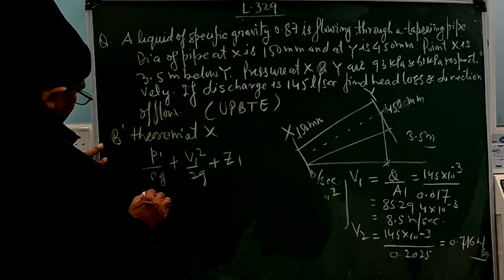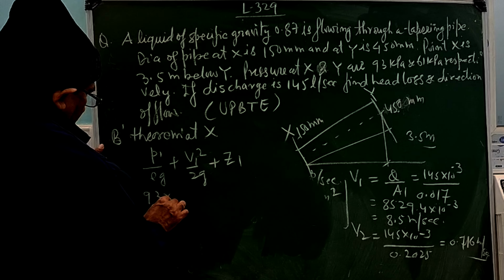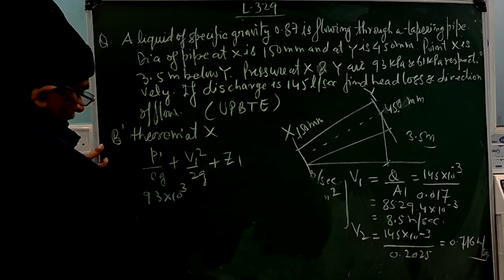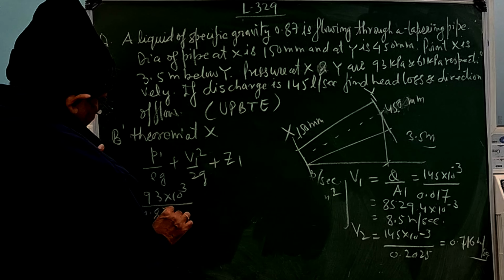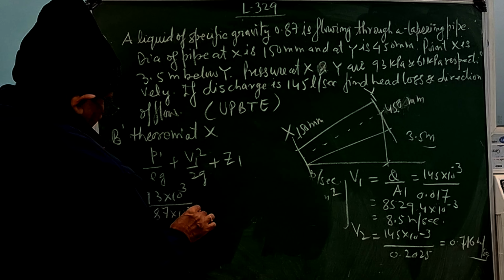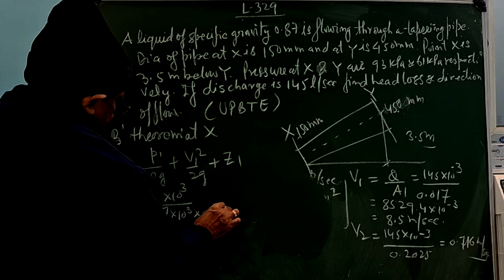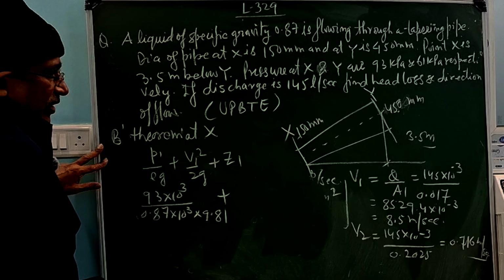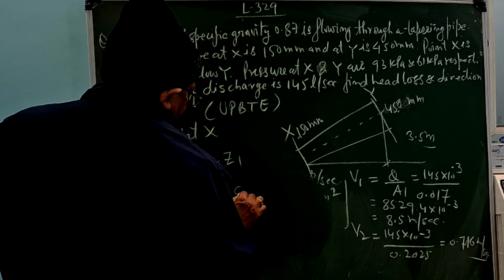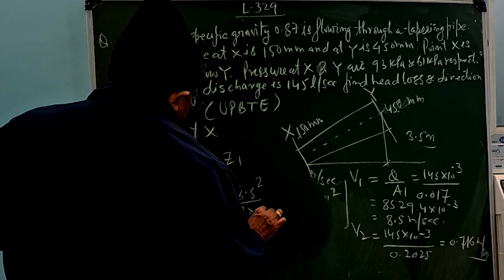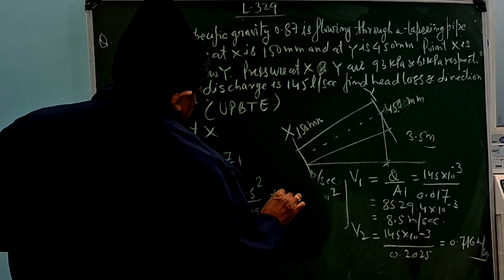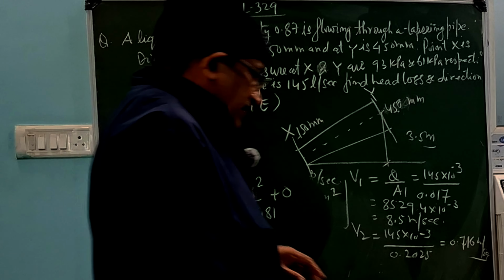P1 is your 93 into 10 to power 3 divided by rho, 0.87 into 1000 into 9.81. This is plus V1 square is equal to 8.5 square divided by 2 into 9.81. And what is Z1? It is 0.